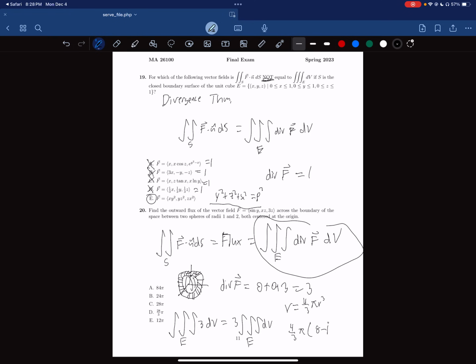So we're going to get 8 minus 1, because 2 cubed is 8, and 1 cubed is, of course, 1. And then don't forget, we have the constant of 3 outside, so we need to multiply by 3, and cancel out the 3's here. We really are left with 27 pi. Or not 27 pi, 28 pi. Yes, okay, because 7 times 4 pi is 28 pi, and that is C here.